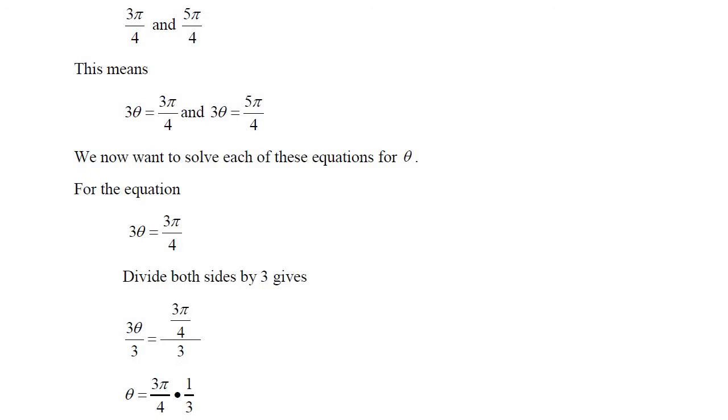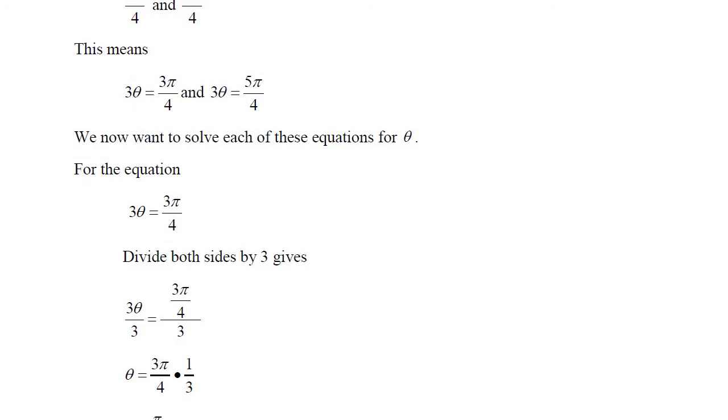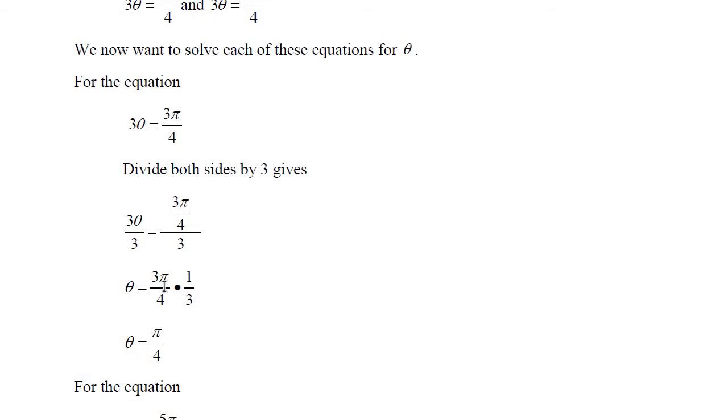So that becomes 3 pi over 4 times 1/3. When I multiply this, the 3 on the numerator and the 3 on the denominator will reduce, and that gives me theta equal to pi over 4. So there's one of our base solutions.